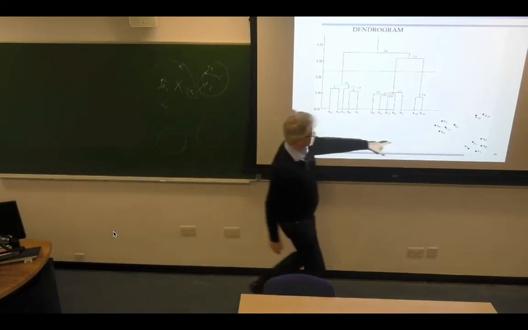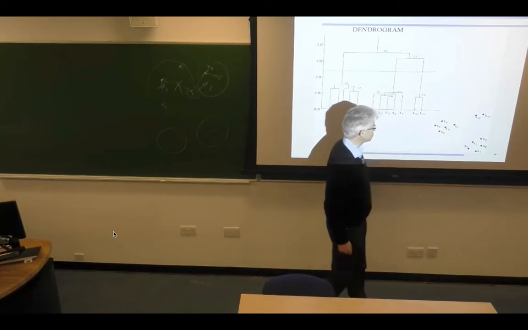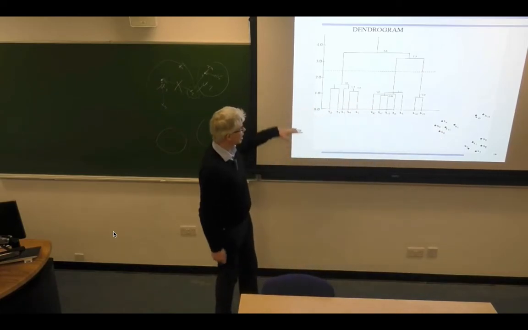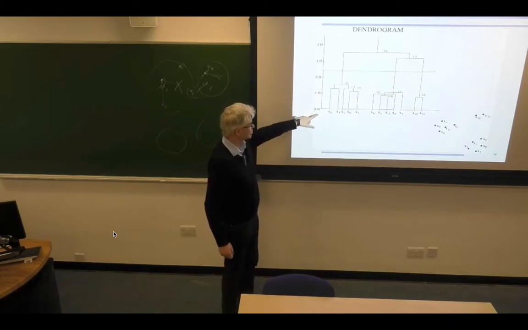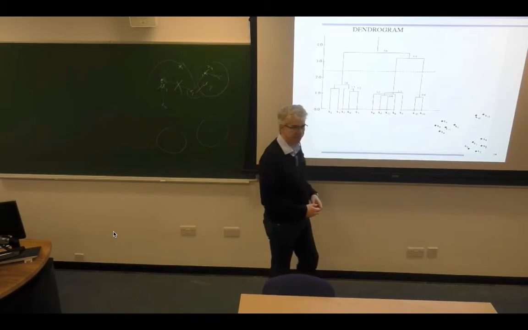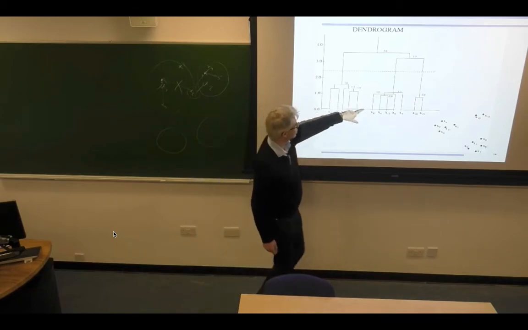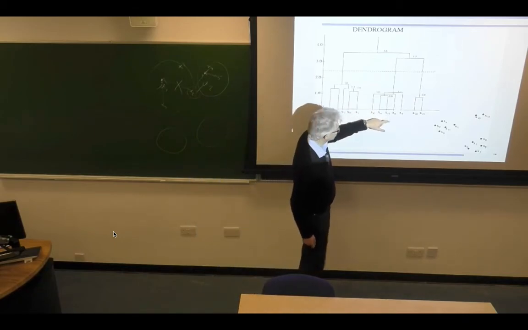So here, let's say we've got this picture here of 12 different data points. As we merge these, we start off with them all in their own little tiny clusters. And the total cluster cost at that point is 0. First of all, we're going to merge 2 points that are close to each other.